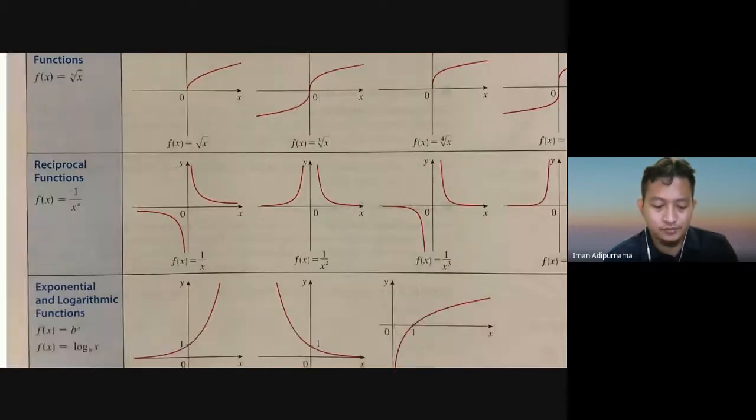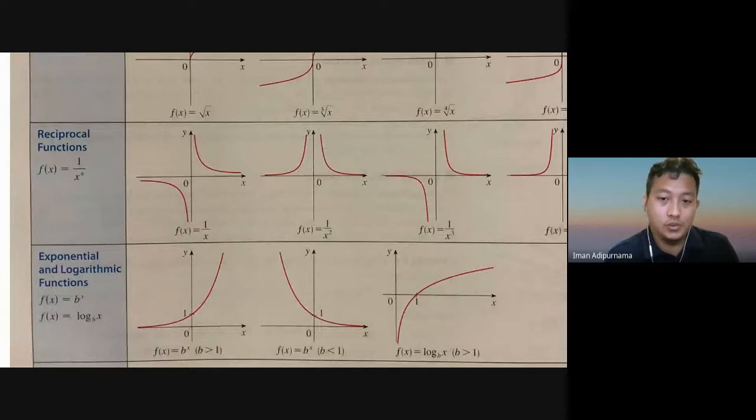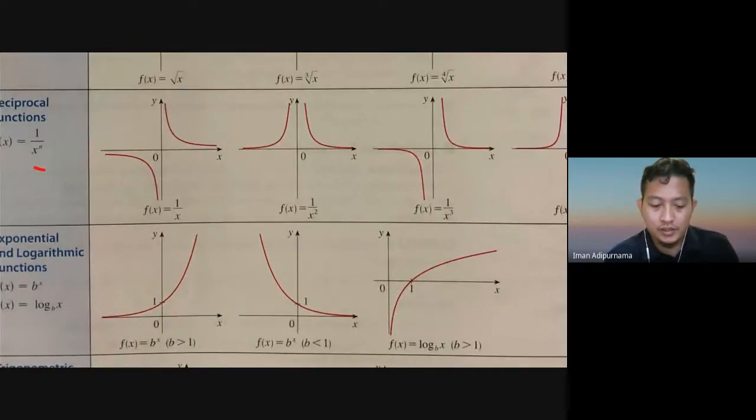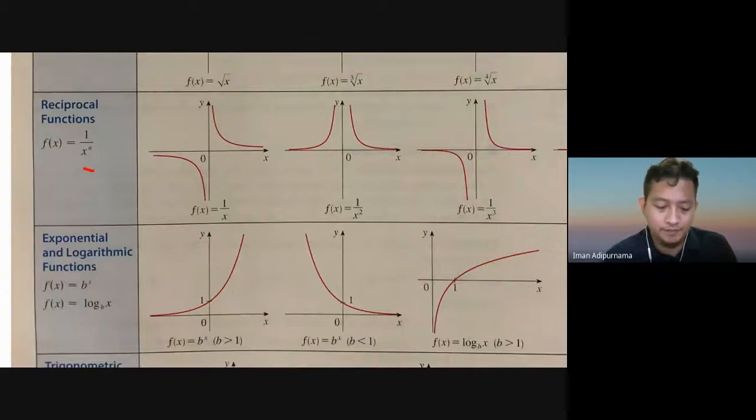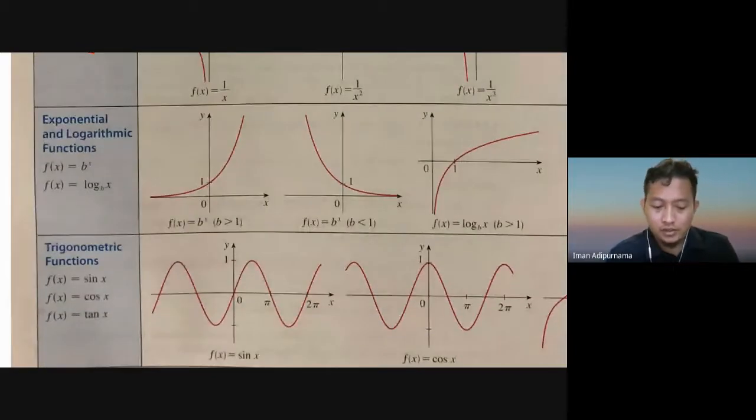And the reciprocal function is 1 over x, and 1 over x with a power of something. I think in the very first chapters on limits, we will get into details about it, and maybe we will have this as an example.